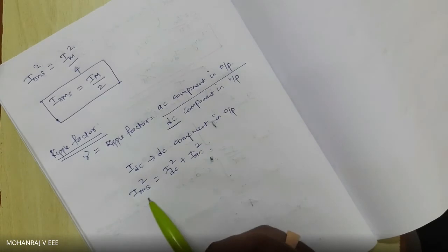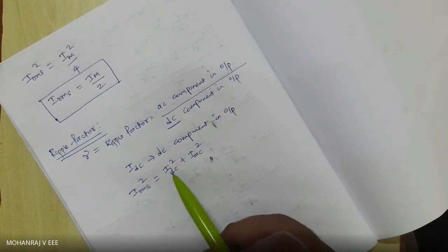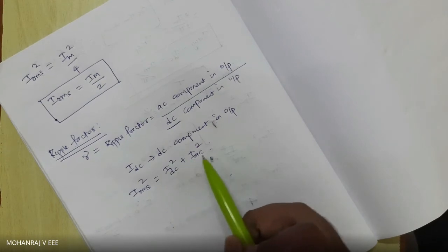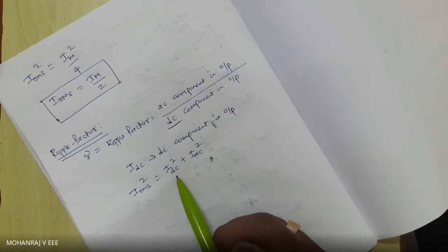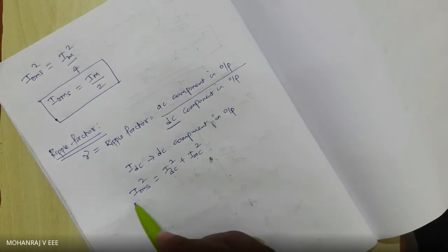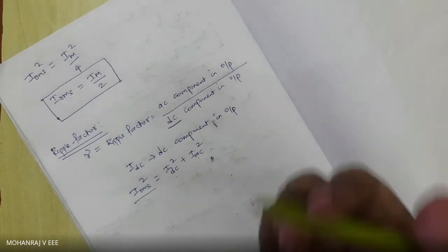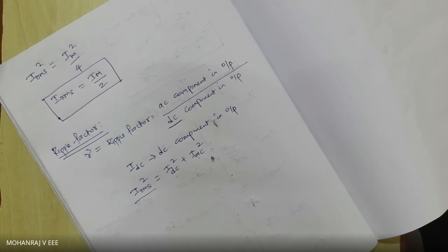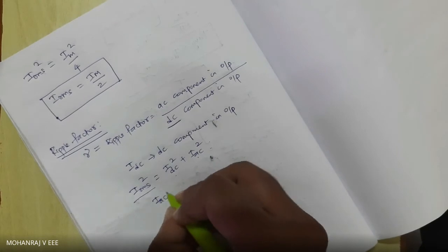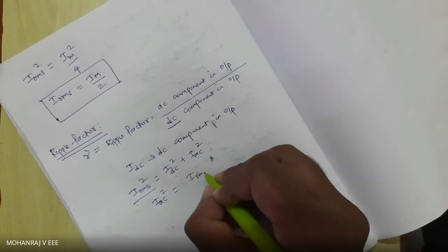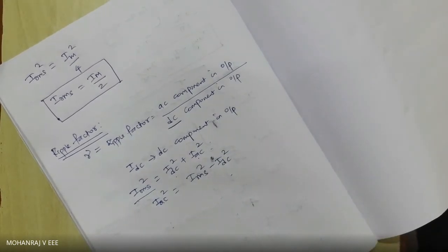That is, IRMS root mean square value square is equal to IDC square plus IAC square, where IAC is the AC component and IDC is the DC component of the output. And this is the IRMS of the output waveform or output current. So from this we can say our IAC square is equal to IRMS square minus IDC square.